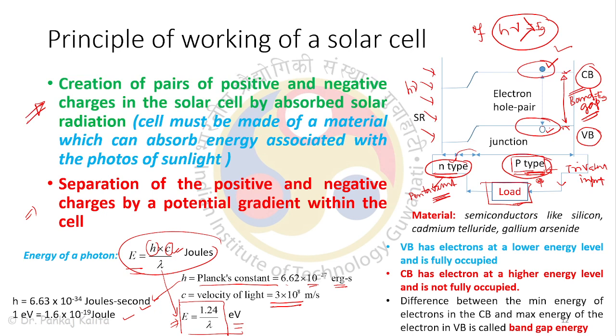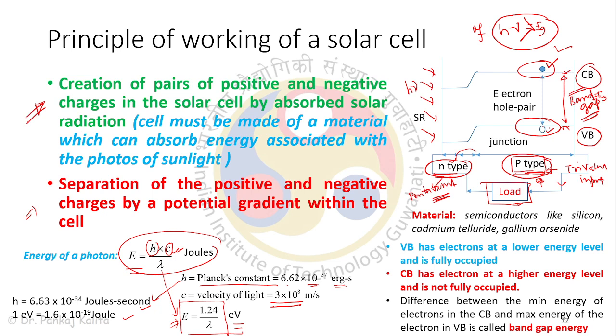We must have cells made of material that can absorb the incoming solar radiation, the solar energy associated with the photons of the sunlight, and create positive and negative electron-hole pairs. Then separation of this positive and negative charge by a potential gradient within the cell occurs, and that is what we are seeking.